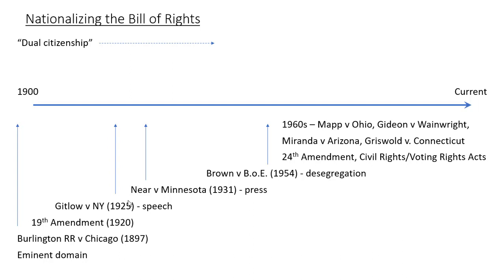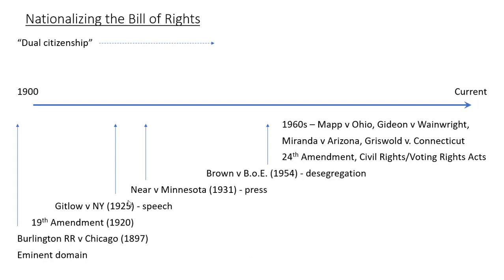So Mapp versus Ohio is the case in the 1960s where, if you do not have a proper search warrant and it goes to trial, the judge could throw that evidence out because they didn't go through the right authorized warrant process.